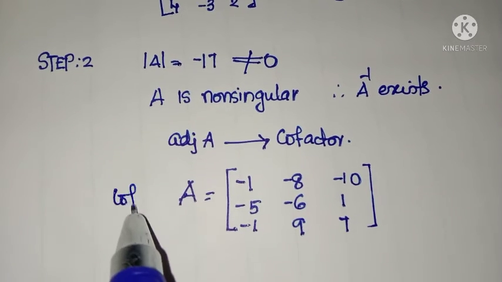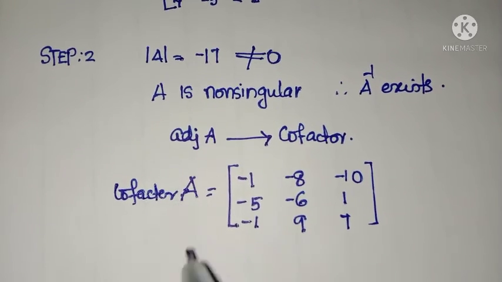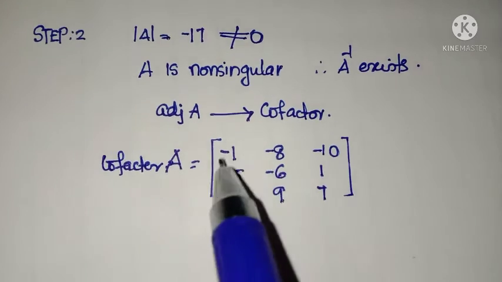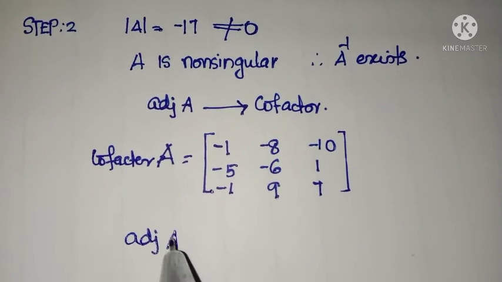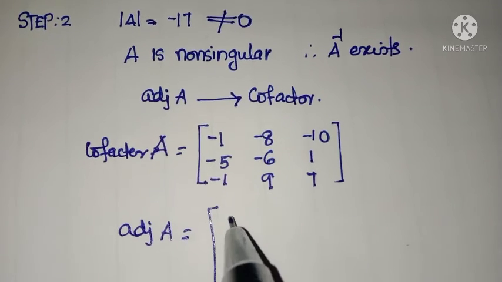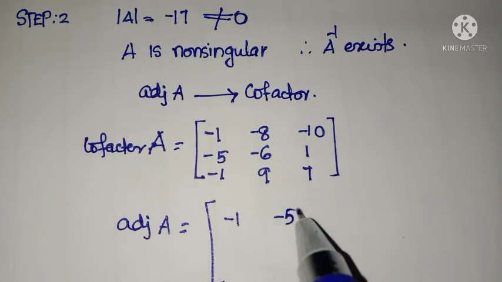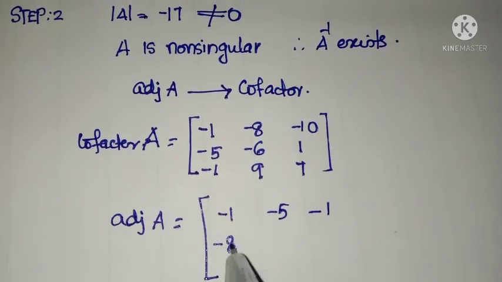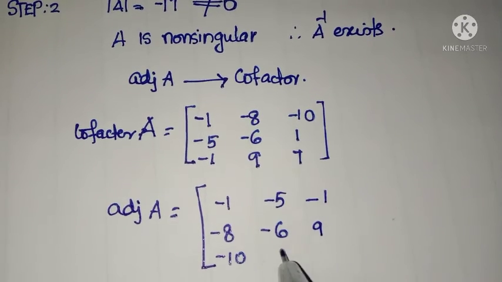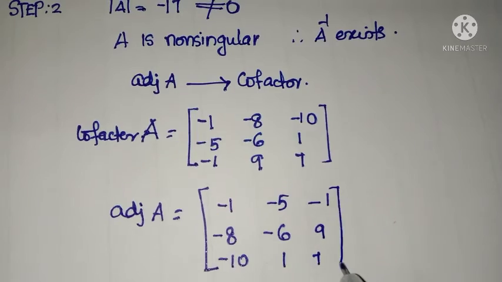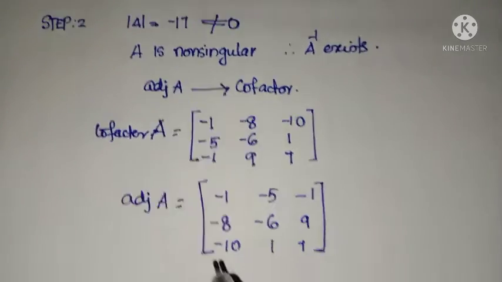Now take its transpose, and we get the adjoint matrix. So what is the adjoint matrix? Minus 1, minus 5, minus 1, minus 8, minus 6, 9, minus 10, 1, 7. So this is our adjoint matrix.